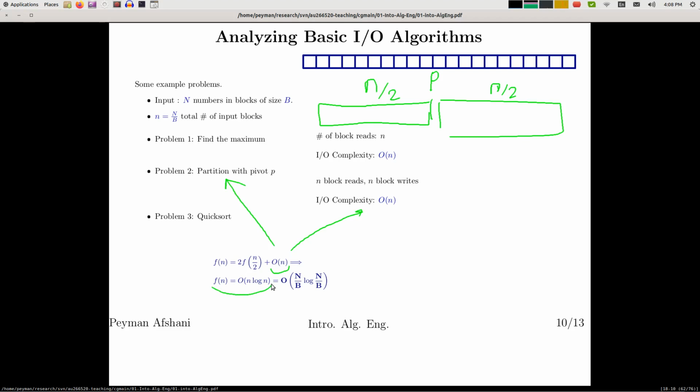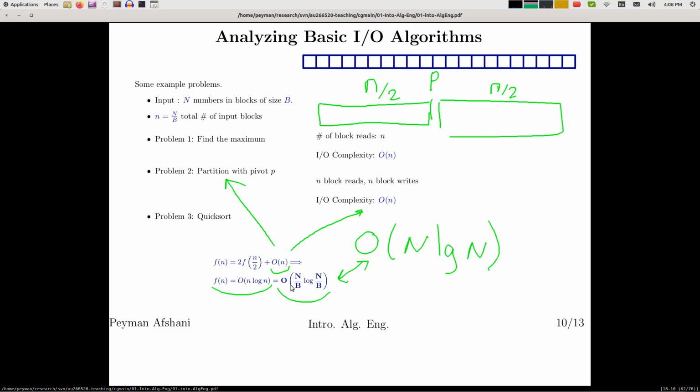But small n is capital N divided by b, so if I do the substitution, my analysis becomes capital N divided by b times log of n divided by b. Note that this is actually quite a bit of improvement compared to normal sorting, because if you do normal sorting, then you get capital N log capital N. So the gap between these two is quite big.